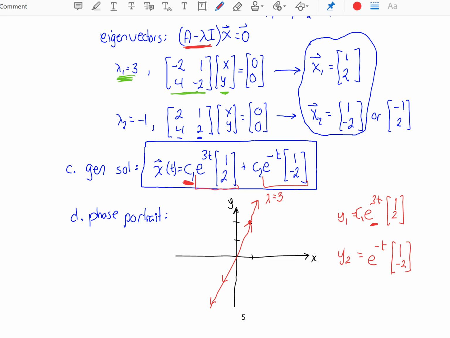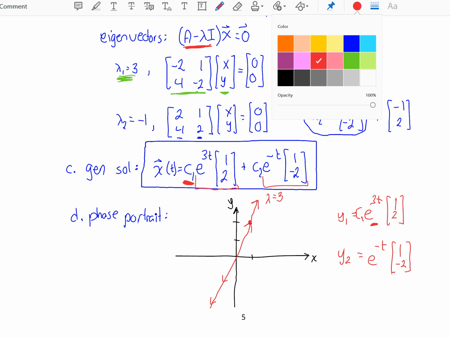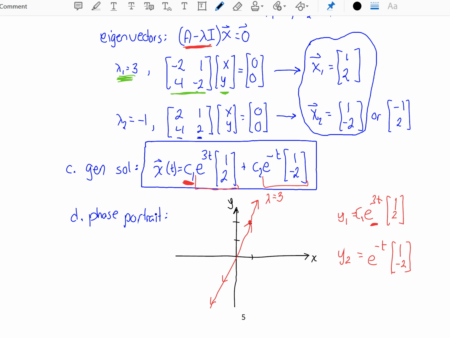Similarly, for our second solution, e to the negative t, 1, negative 2, this would be a vector that's moving 1 in the x direction, negative 2 in the y direction, so here. And I'm going to draw a line through that point. And I'm going to represent that with the lambda equals negative 1.